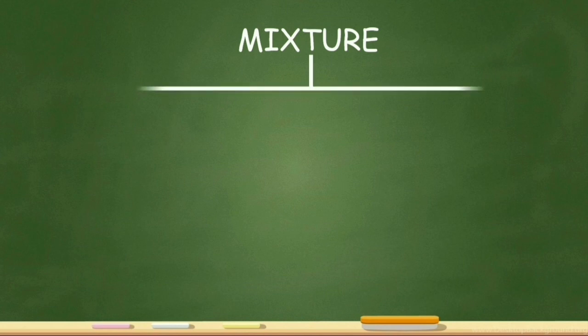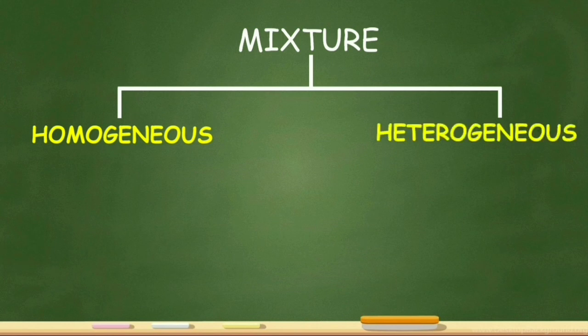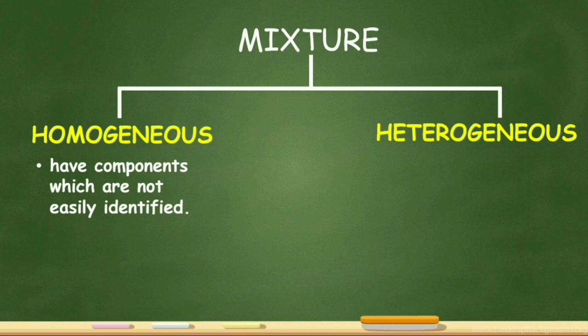And there are two types of mixture. These are homogeneous mixture and heterogeneous mixture. Let's define first homogeneous mixture. Homogeneous mixtures have components which are not easily identified.